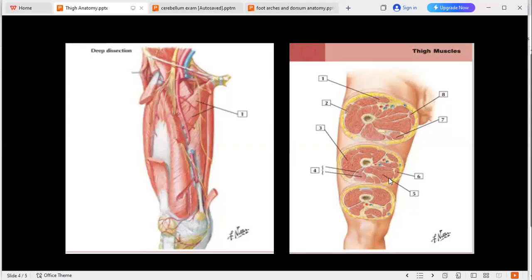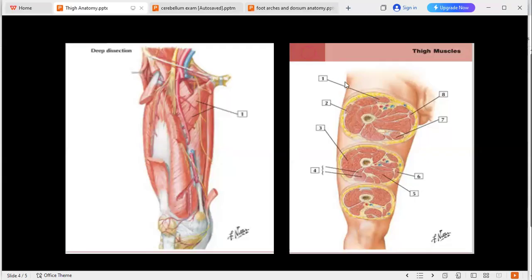You could see the thigh has been cross-sectioned into three parts: first, second, and third. Would you be able to identify the muscles or structures labeled in the upper and middle cross-sections? Try, yes.